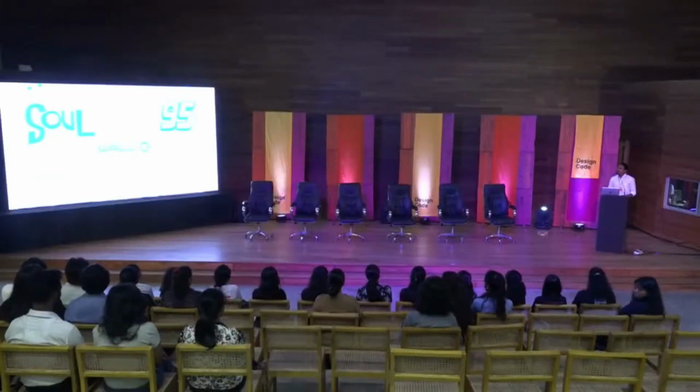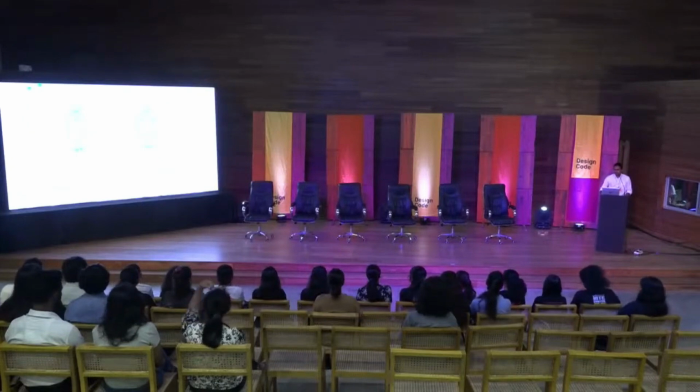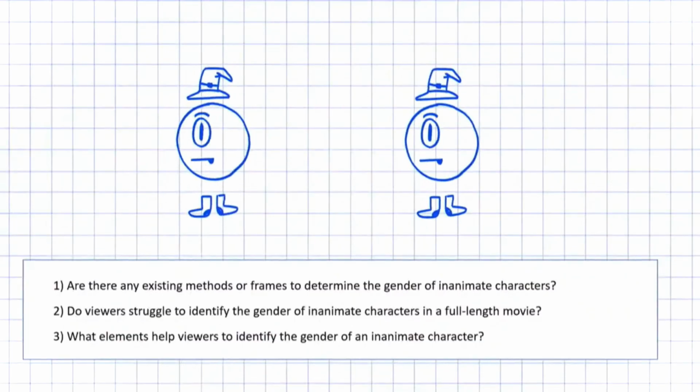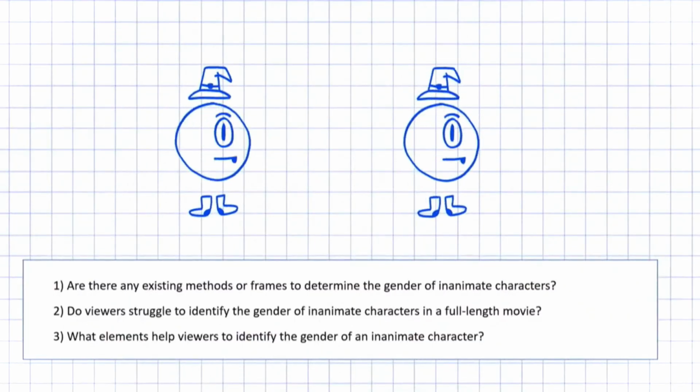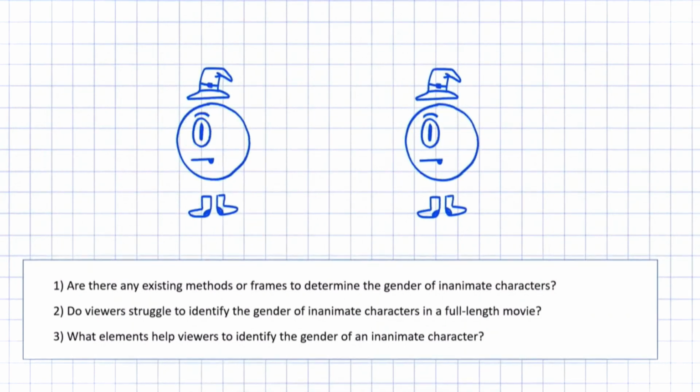So the point is, I had few questions when I got to know this field, and the main questions the research is based on: are there any existing methods or frameworks to determine the gender of these inanimate characters?